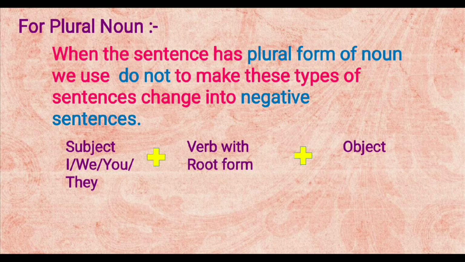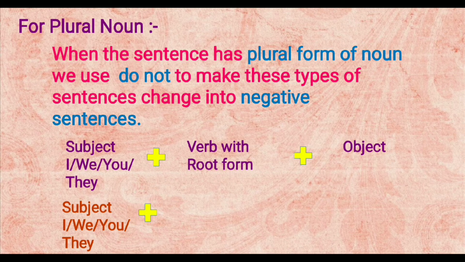So now, if we want to make this type of sentence negative, which pattern will we use? Subject means I, we, you, they, or many plural nouns. We, students, people are called plural forms of nouns, right?